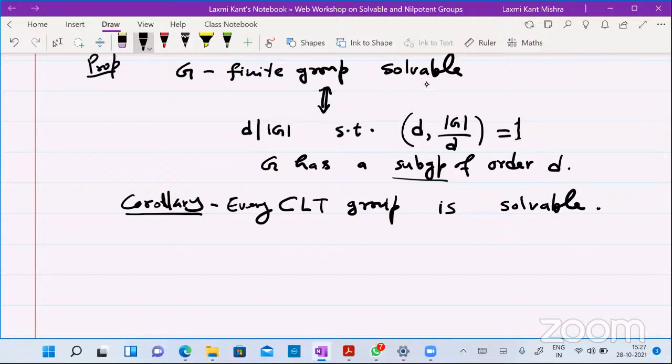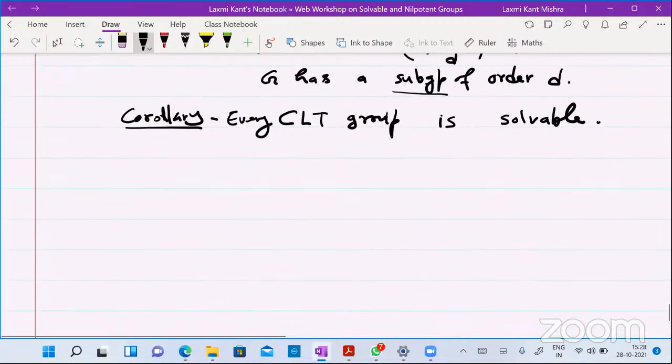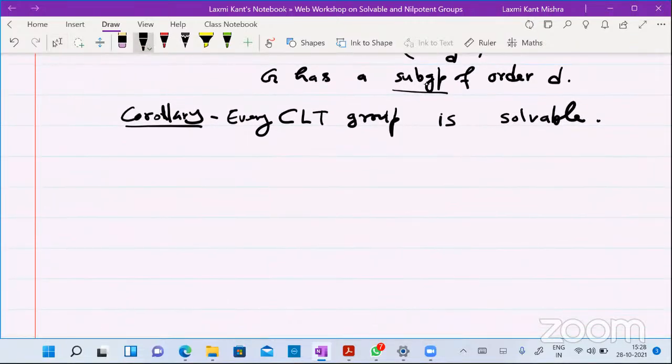So what is a CLT group? I think you will know. CLT groups are just those groups in which the full converse of Lagrange theorem holds.